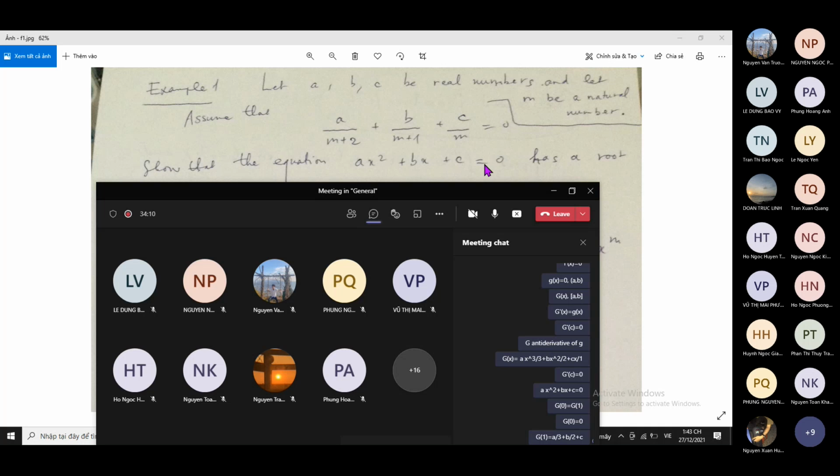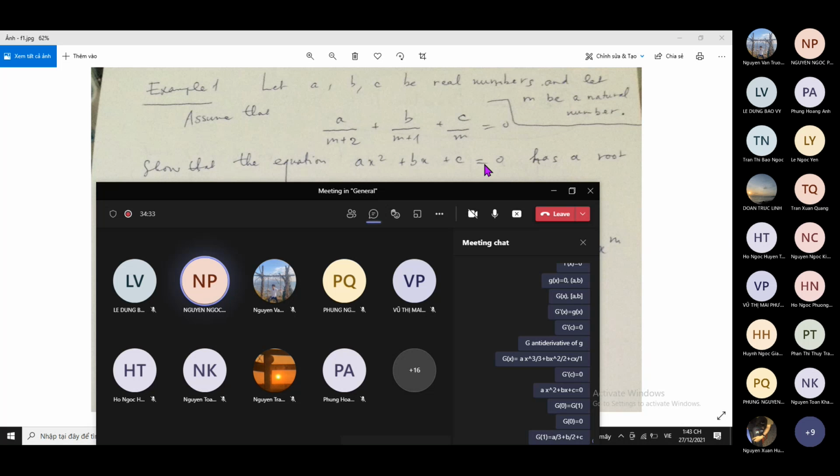So the key thing here is whether the function capital G satisfies the condition g of 0 equals g of 1 or not. So clearly g of 0 gives you 0, right? You replace x with 0. A times 0 cubed over 3 gives you 0, right?